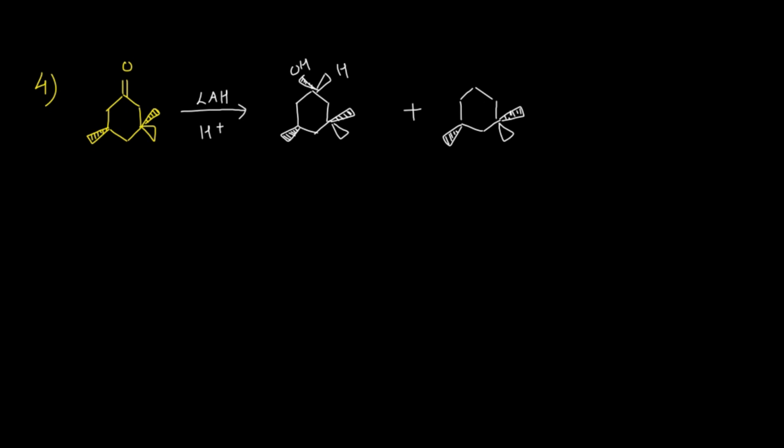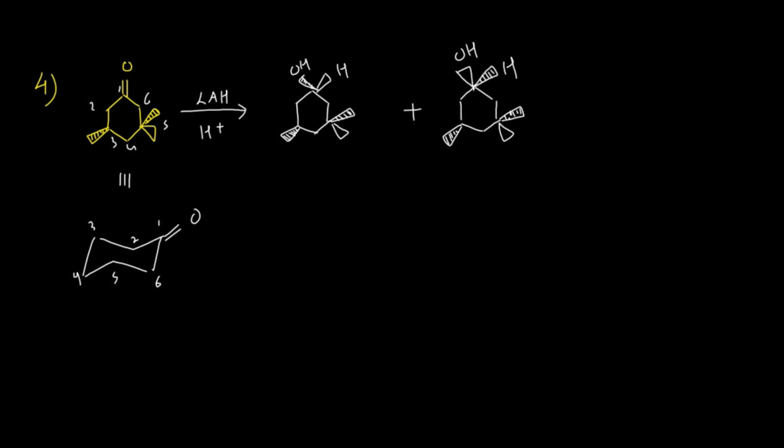So first of all, I am writing the isomers. Most stable conformer, say this one, and say this is 1, 2, 3, 4, 5, and this is carbon number 6.